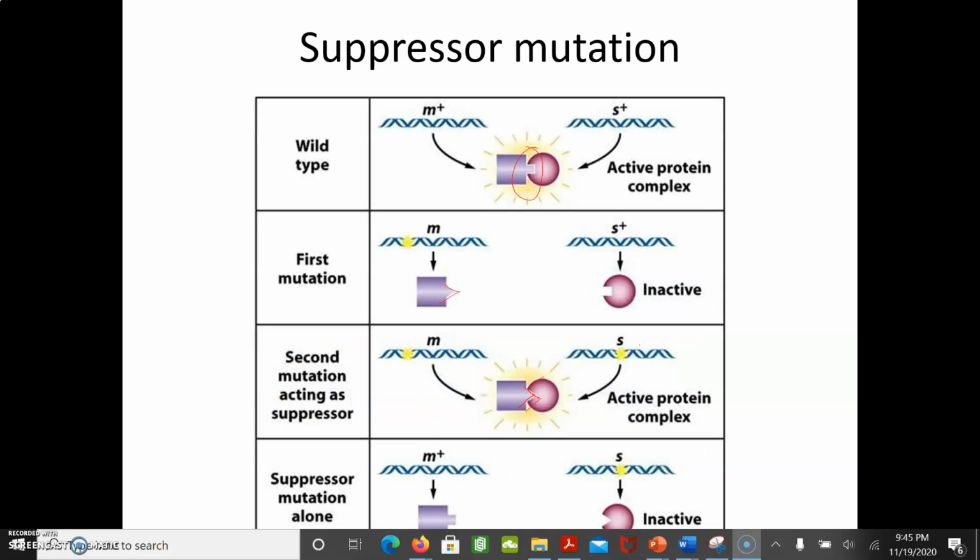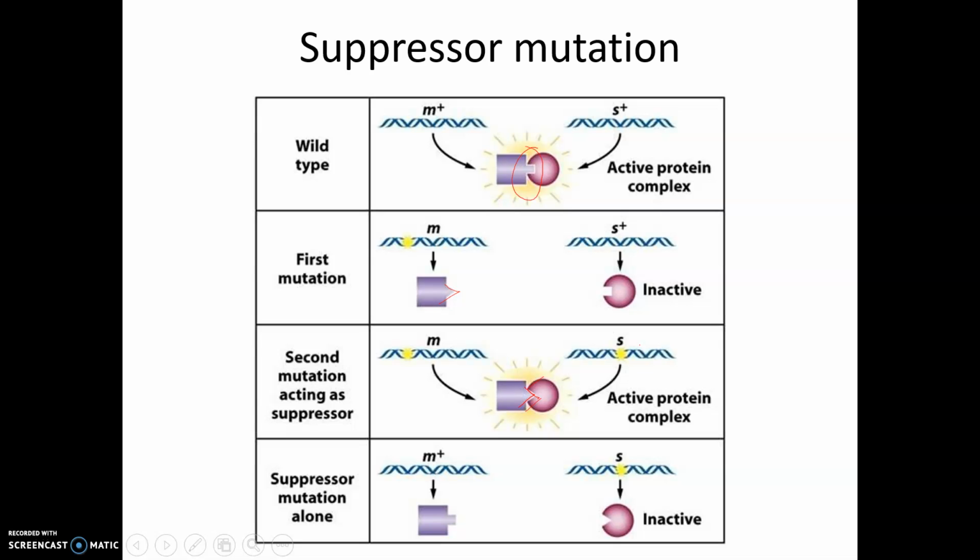Then we have suppressor mutations. This is acquiring two mutations where one causes a mutant and then the second mutation causes it to be somehow normal again. So here, if we look at our wild type, this is a complex, and in order for it to work, these are two different proteins. We have the square that fits into the perfectly square shaped receptor, so to speak.